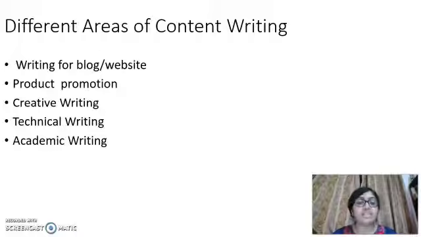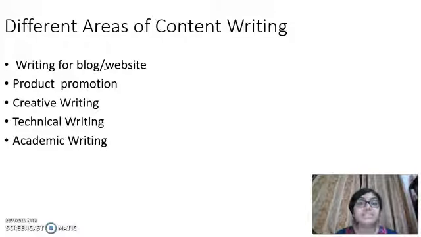It can be writing for a website. Haven't you seen millions of websites on Google? The Google search engine takes you to millions of websites. And what do all of these websites comprise of? Images and text. And the text on these websites is unique, plagiarism free, and very catchy and attractive to capture the target audience.